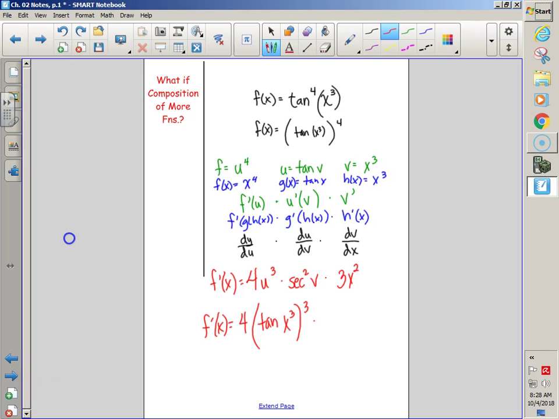His derivative was secant squared of who? Of x cubed. Times, then we peel off the tangent, and finally we've gotten to the x cubed. So our final answer would be 12x squared tangent cubed of x cubed secant squared of x cubed.